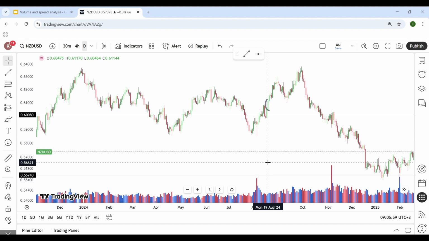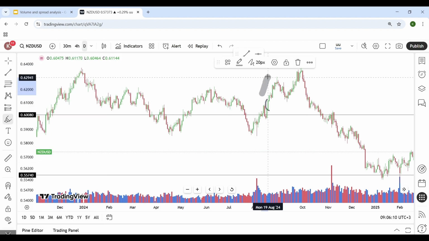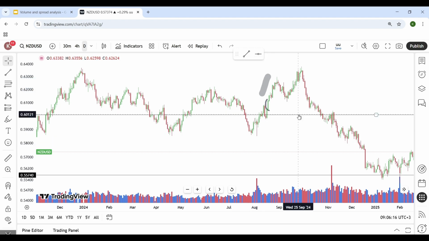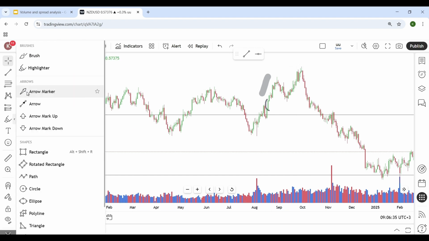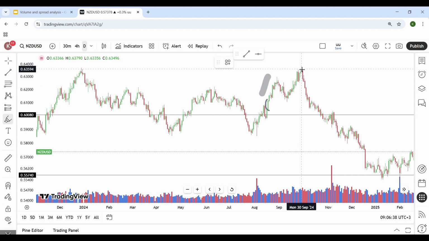So we have a high effort and a high result. This is a continuation of a bullish bias. Then let's look at this spread also. This spread is small and the volume is big. You can see the volume is relatively high. So we have a high effort and the result is low. This suggests a bearish bias, and you can see what happened to price.